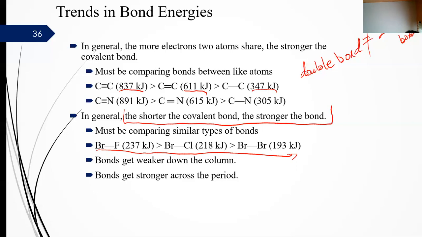Bromine is larger than fluorine, and so a bromine to bromine bond is going to be longer than a bromine to fluorine. Bonds also get stronger across a period as their bond distance shrinks as well because of those electronegativity differences.